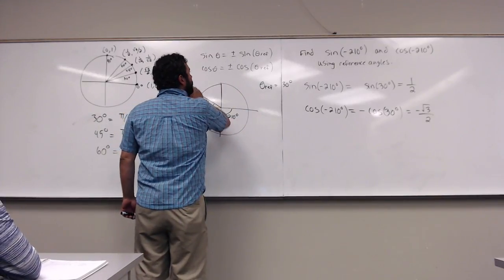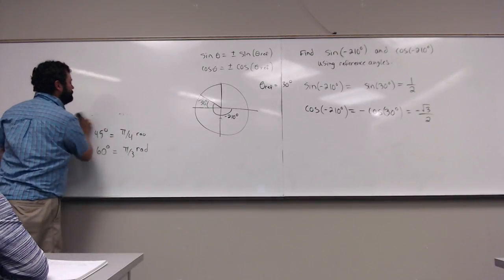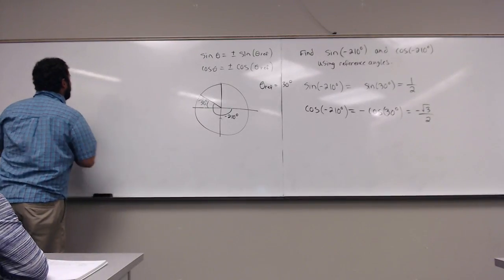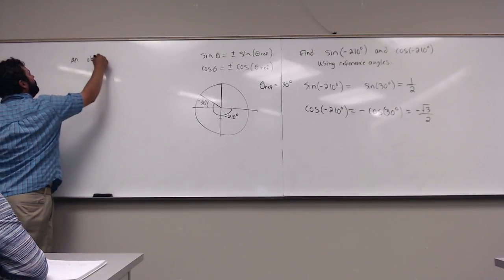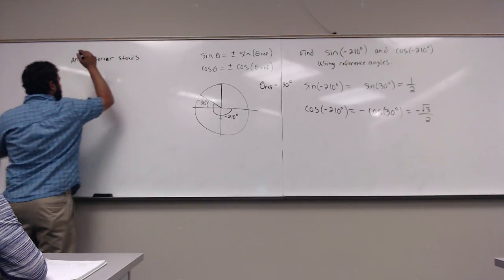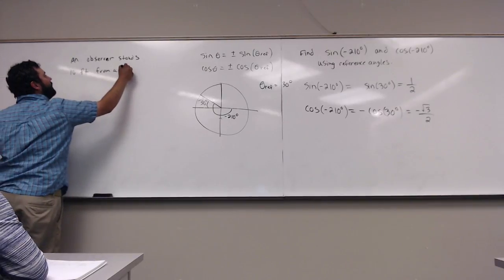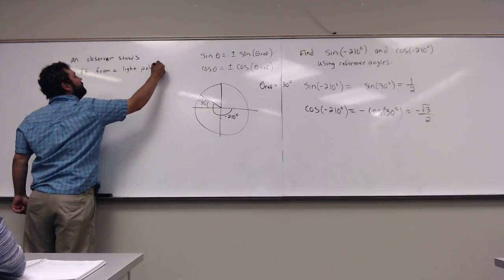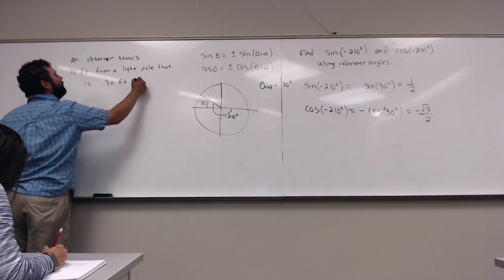Let's go right here. So I could say an observer stands, I don't know, 10 feet from a light pole that is 30 feet tall.